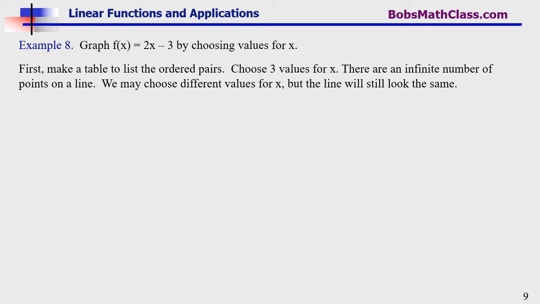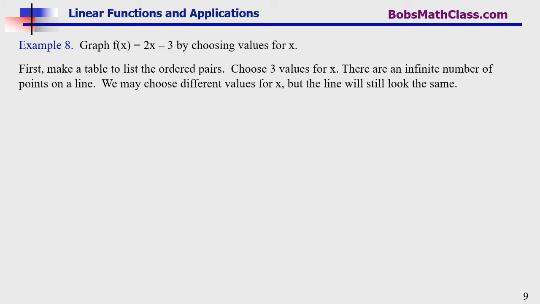All right. So we need some points to graph a line. We want 3 values usually. You could have only 2 values. If you have 2 coordinates for a line, that's enough points to make the line. Why do we want 3?